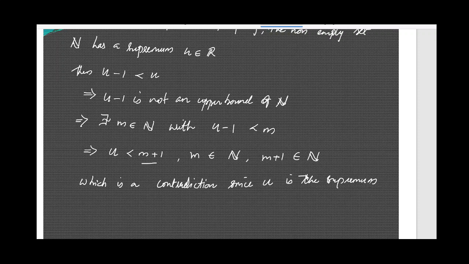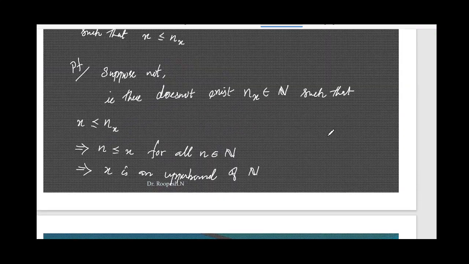U is the supremum, which implies our assumption is wrong, right? What did we assume? We assumed that such a number does not exist.